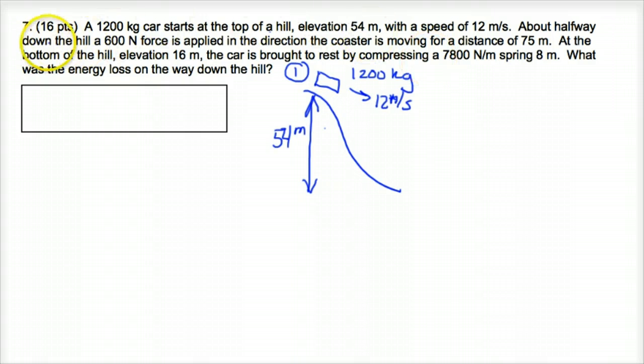Okay, halfway down the hill, a 600 Newton force is applied in the direction of the coaster. It's moving for a distance of 75 meters.